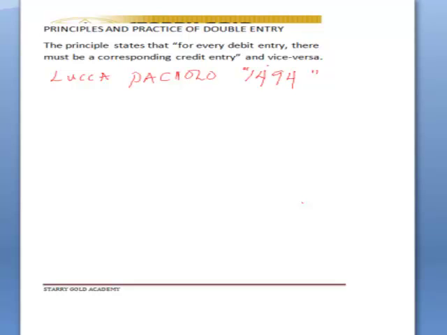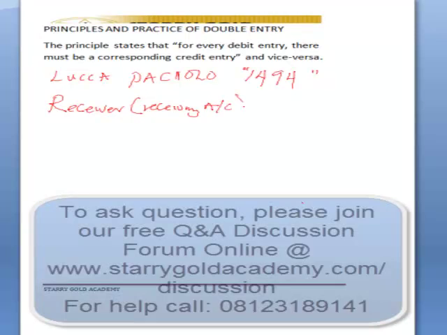So the first thing we must do is identify the parties to every transaction. Since there are two parties, we must have the person that is receiving. A party must be a receiver. There must be a receiving party, and that receiver we shall call the receiving account.